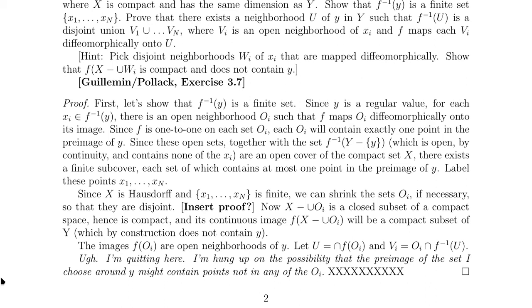Each O_i contains exactly one point in the pre-image of little y. And that other set, f inverse of y minus little y, contains everything except for the pre-image of y.